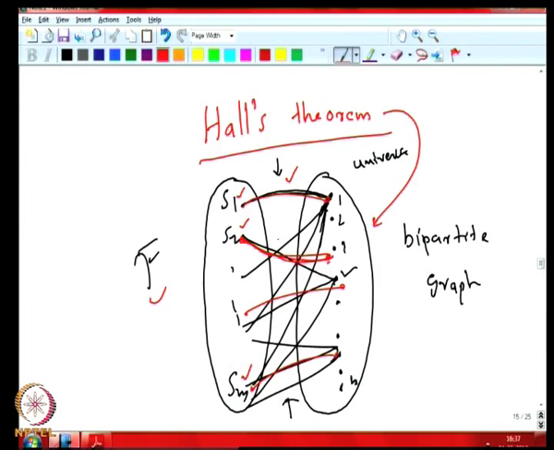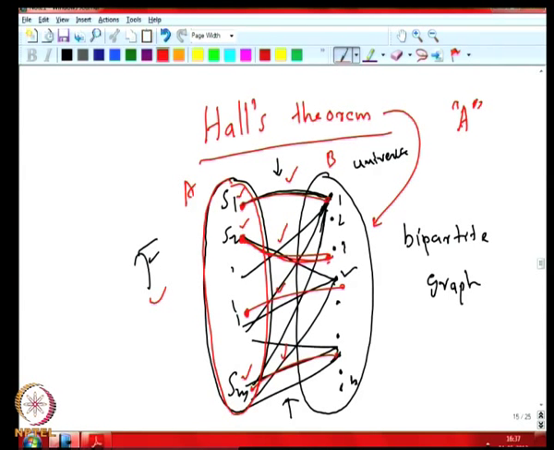This is called a matching. Say this side is A and this is B; we want a matching of A. A matching of A means every vertex of A is matched by that matching.